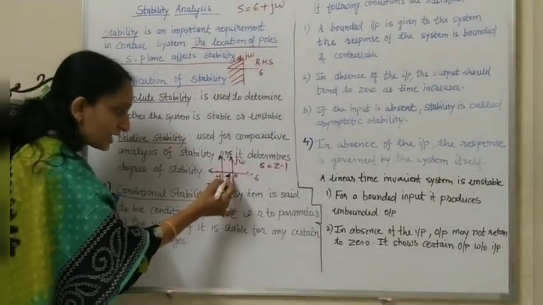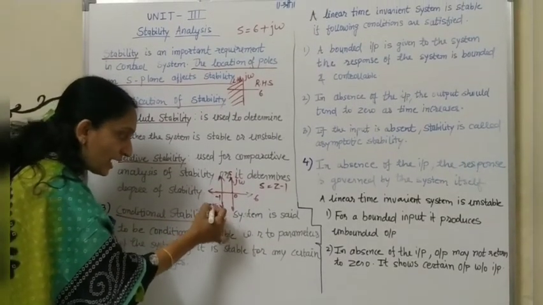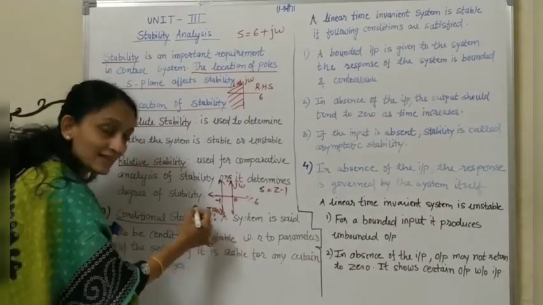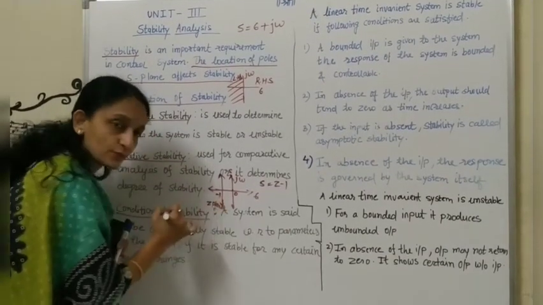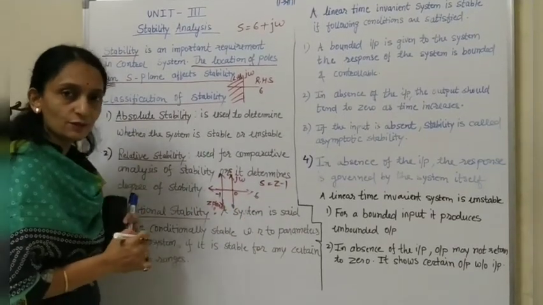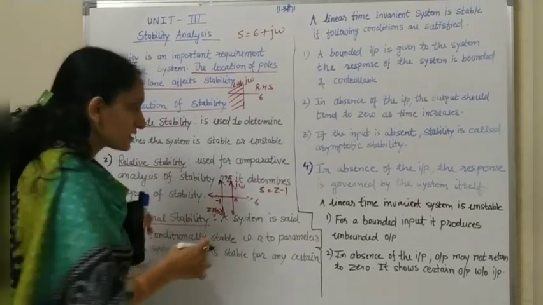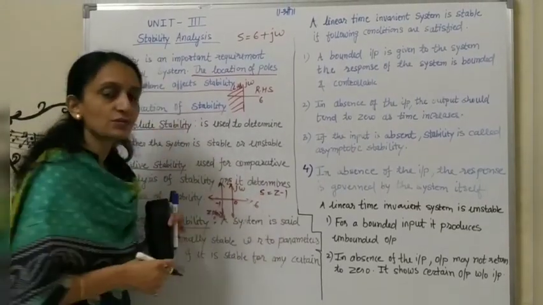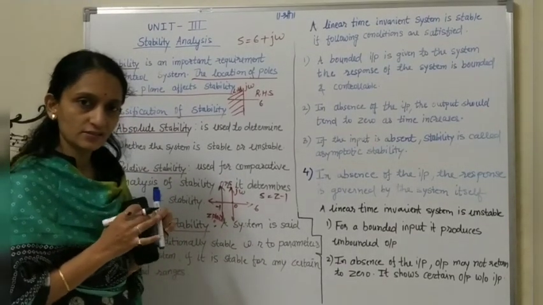Look at this. I have shifted this j omega axis to a new value and labeled that plane as Z plane. I have shifted at S is equal to -1, and S is equal to Z minus 1 is the new j omega axis. I will substitute S is equal to Z minus 1 in the characteristic equation and do the analysis.